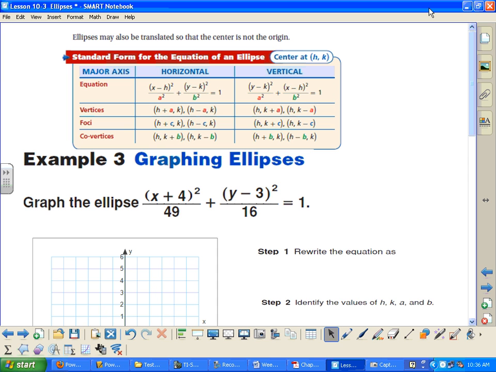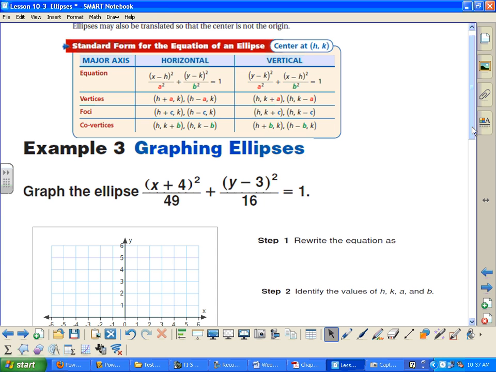The only thing that this changes from the origin is that everything just moves left, right, up, or down, depending on the values of H and K. Everything else is basically the same as at the origin, except we're just moving things over. Over and up, over and down. If you're going to put anything on your note card, this is it.